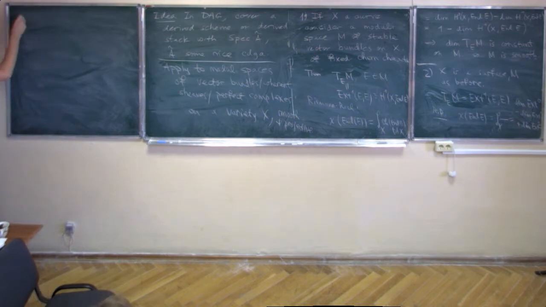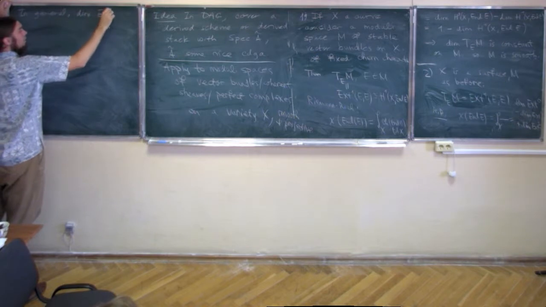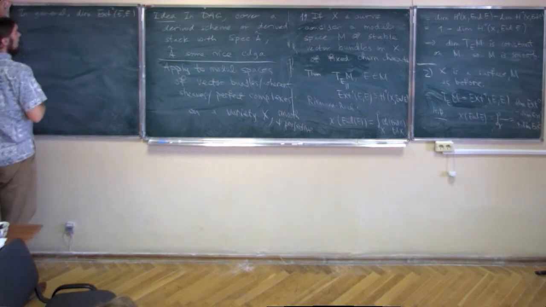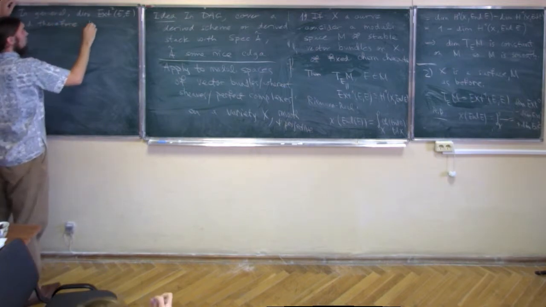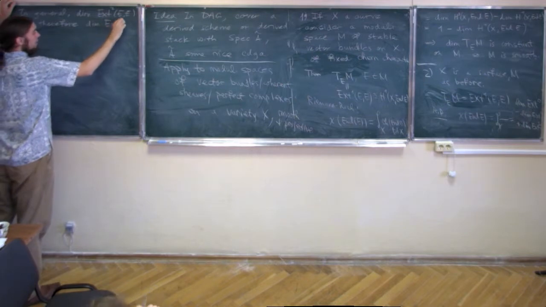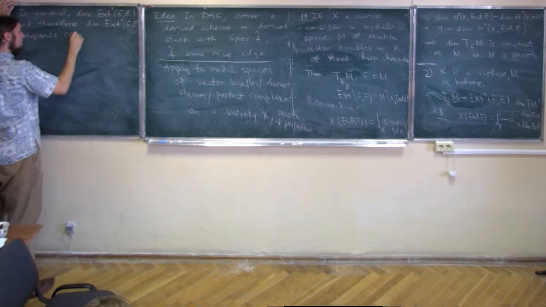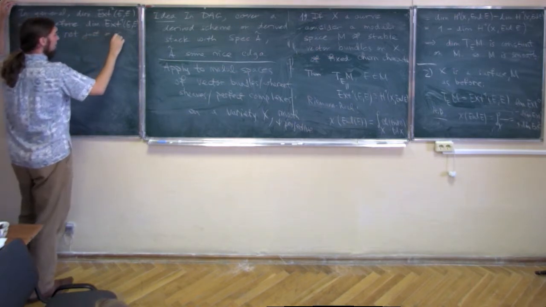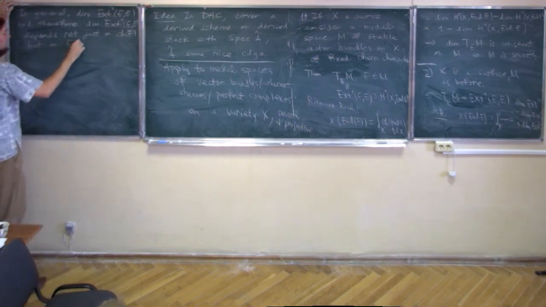So in general, the dimension of Ext2, and therefore the dimension of Ext1, which is the dimension of our tangent space, depends not just on the Chern character, but on the actual bundle, the actual point on the moduli space. So it depends on E itself.